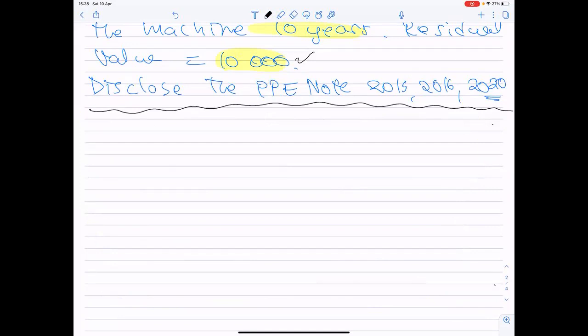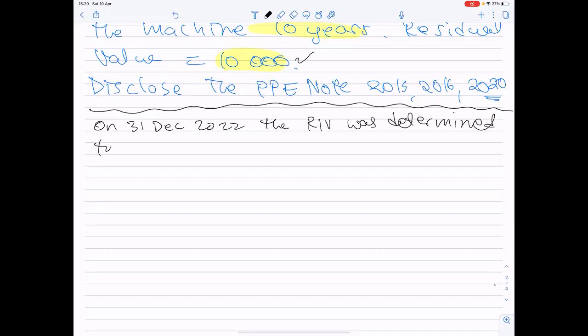Now, let's say on 31 December 2022, the residual value was determined to be 9,000. Disclose for the year 2022.